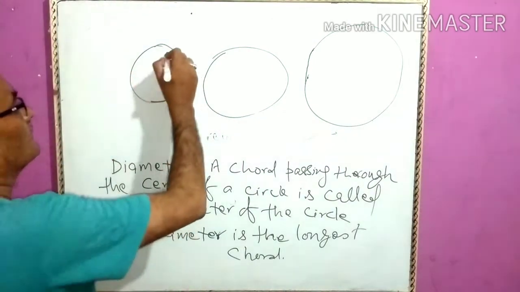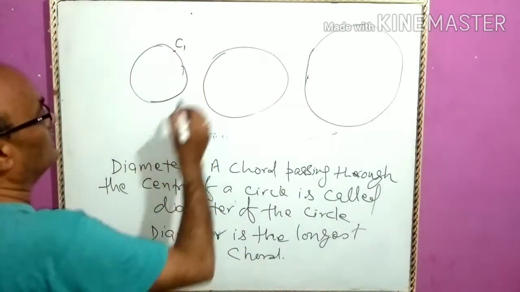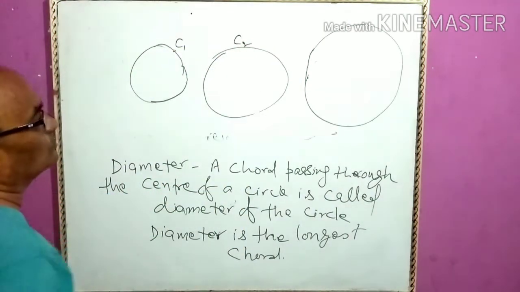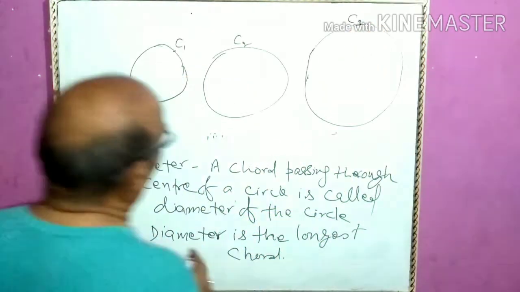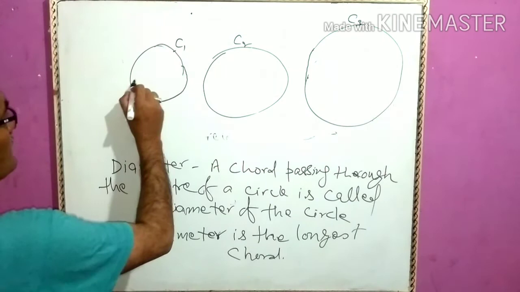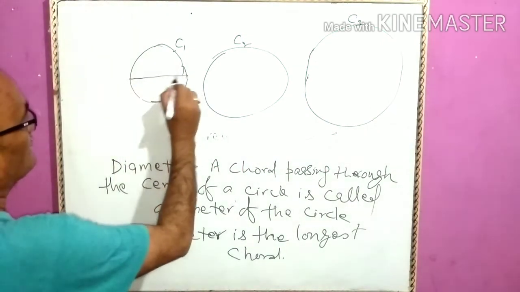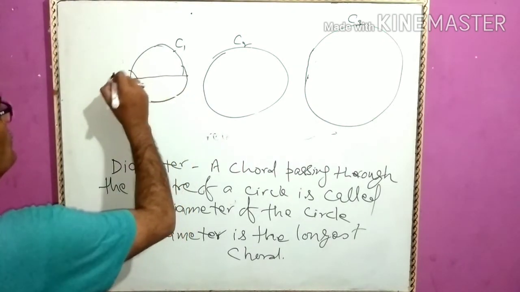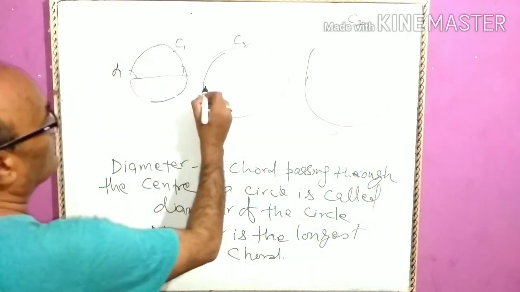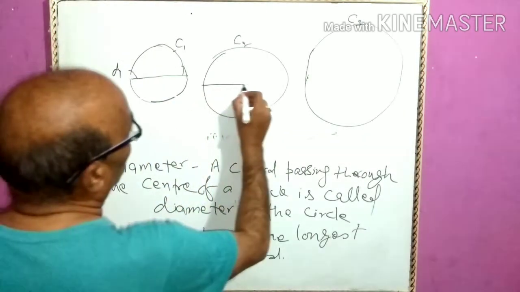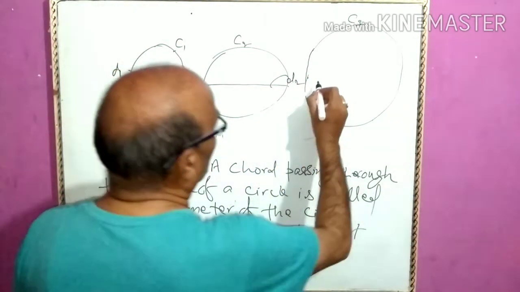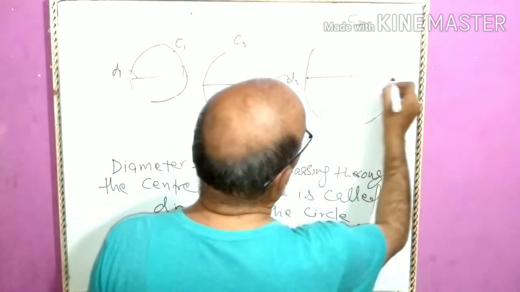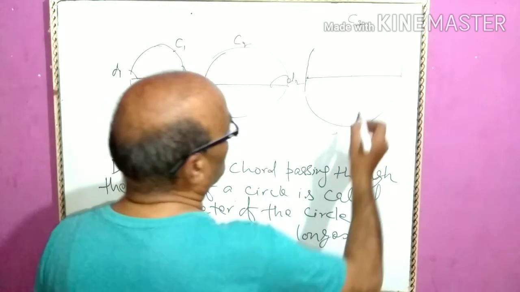Suppose the circumference of one circle is C1, of another is C2, and of the third is C3. And the diameters of the circles we denote by D1, D2, and D3.